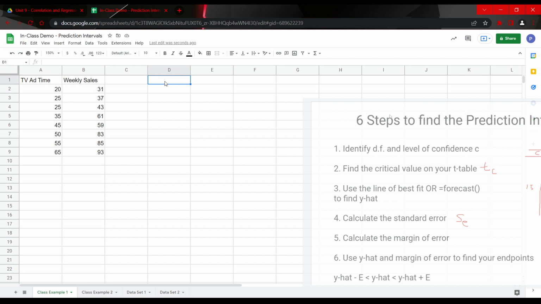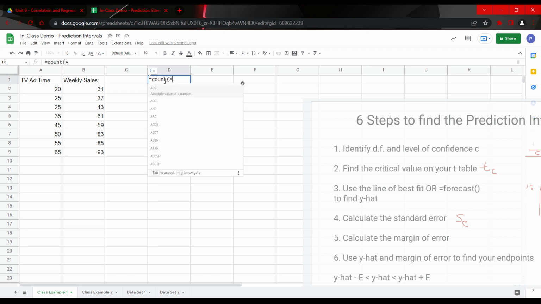All right, so this example is in your book. It is page 280 and 281. So you can follow along using those 2 pages. All right, and so the first step is to find my degree of freedom and my level of confidence. My degree of freedom is n minus 2.